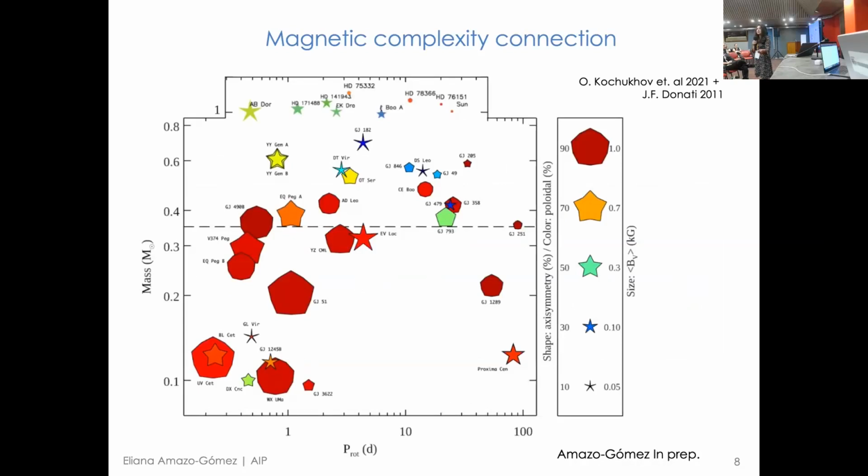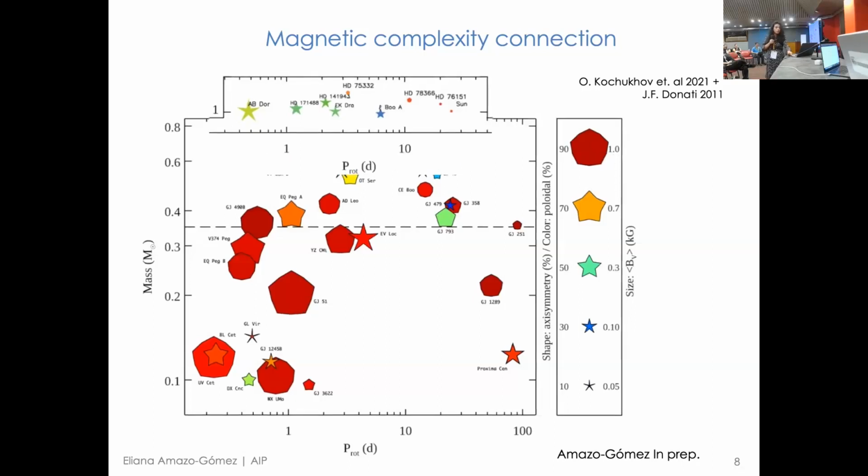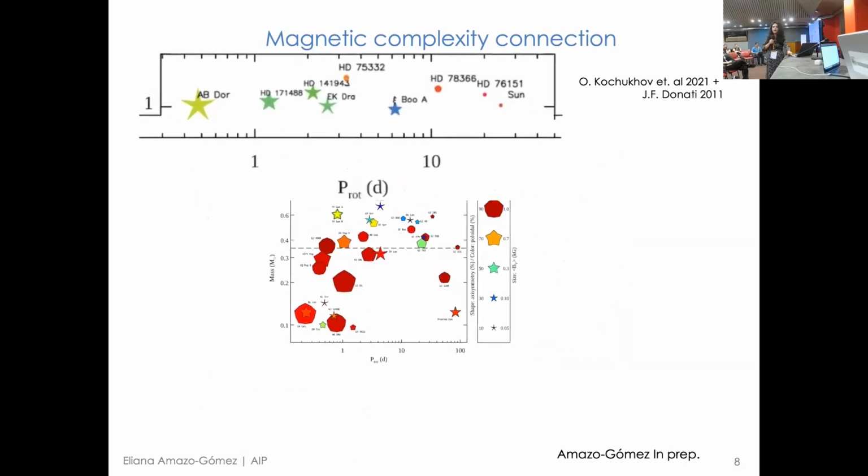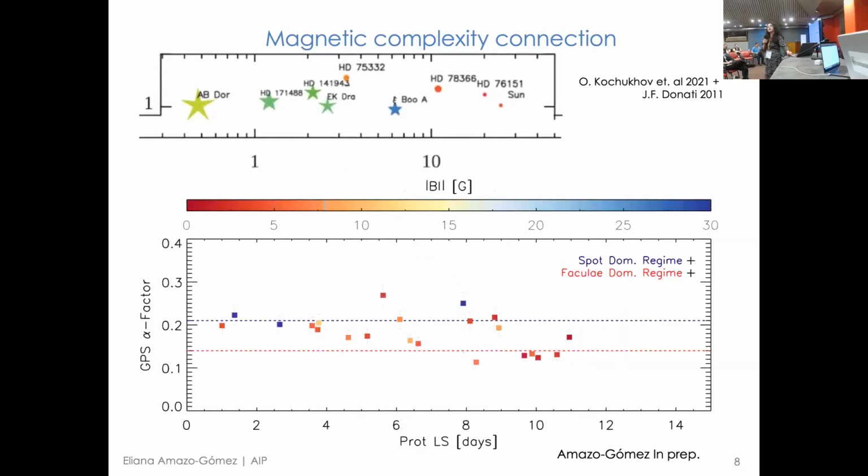The shape tells us about the symmetry of the field, the color about the poloidality of the field, and the size about the magnitude of the field. We then took some of the solar-like stars and followed them by phase, recovering their magnetic maps, and checked the complexity of these objects.